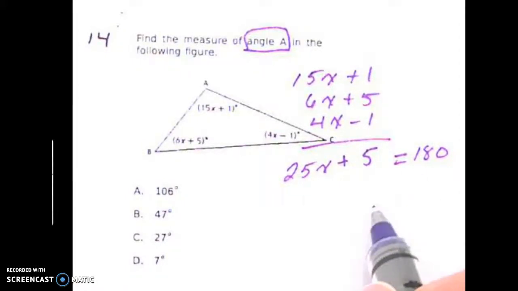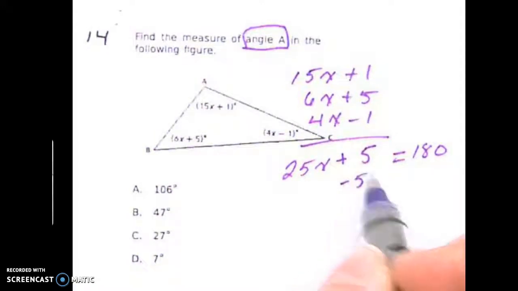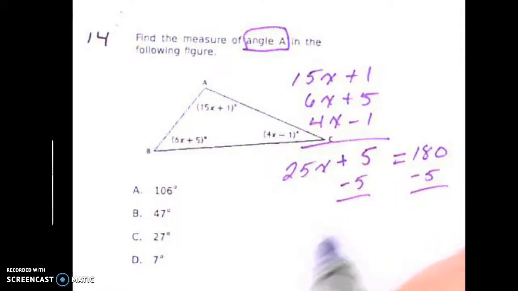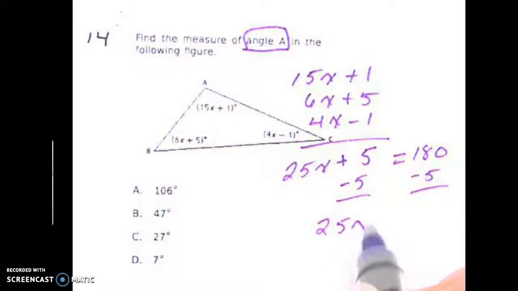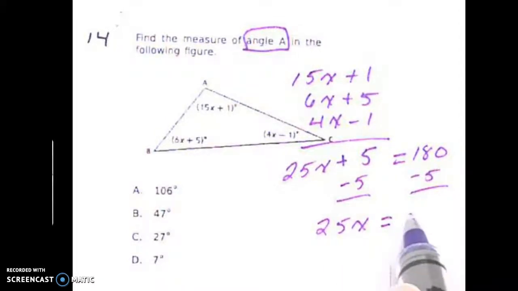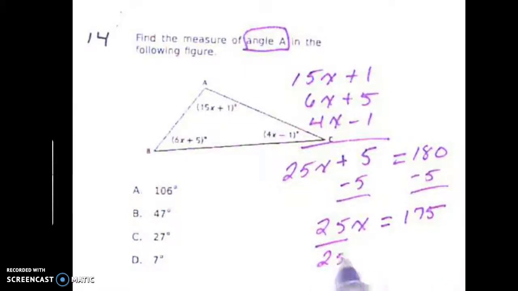If I'm solving my 2-step equation, I'm subtracting 5 from each side of the equal sign first. That will give me 25x equals 175. I need to divide each side by 25. And that will give me a value of x equals 7.